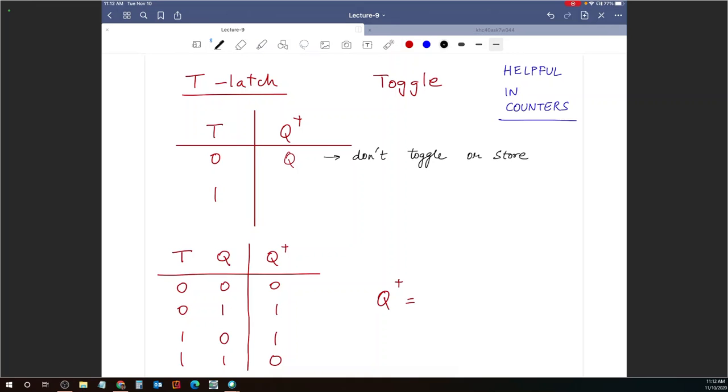When T is 1, please toggle. Q complement, or flip. Note over here, my Q is the previous state and my Q plus is my current state.